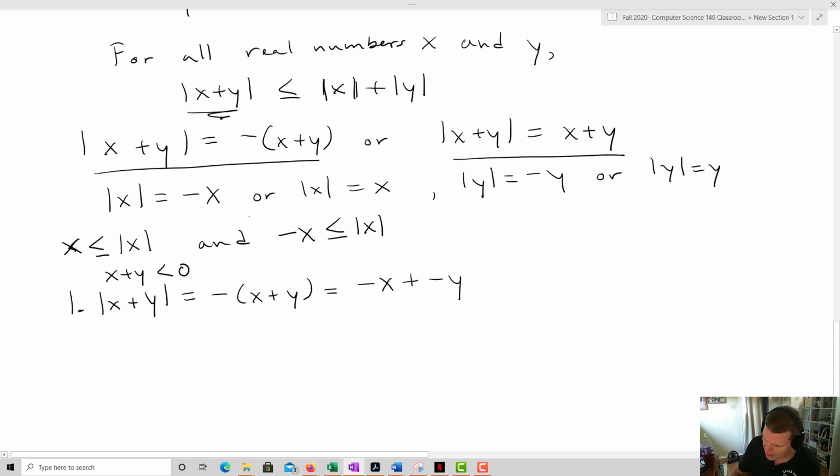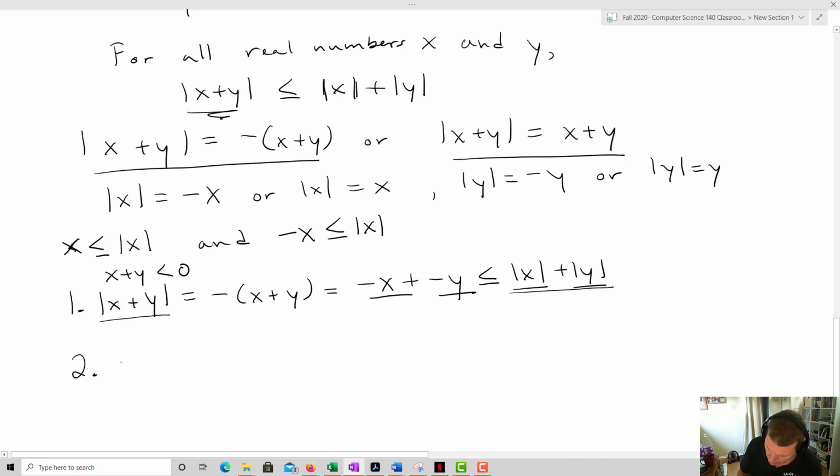Okay? And this is then going to be less than or equal to the absolute value of x plus the absolute value of y, because each one of these individually is less than or equal to them individually. So that's done. We've in fact shown that this absolute value statement is less than or equal to that one.